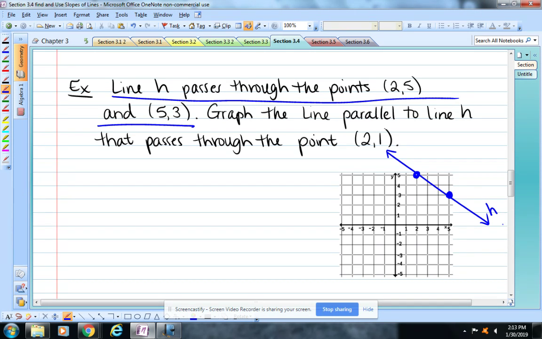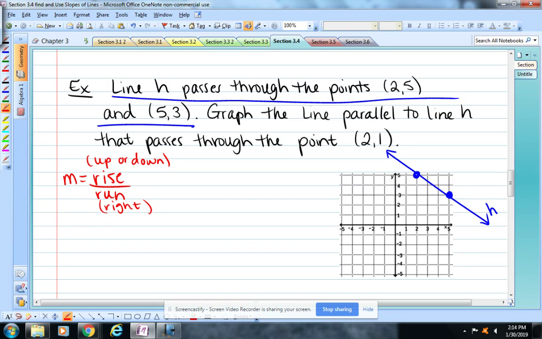If they give you a graph, the way you can get your slope is rise over run. We've heard of that before, right? So I'm going to write that down. M equals rise over run. Rise means up or down. And run means you're going to the right, how many times you go to the right.